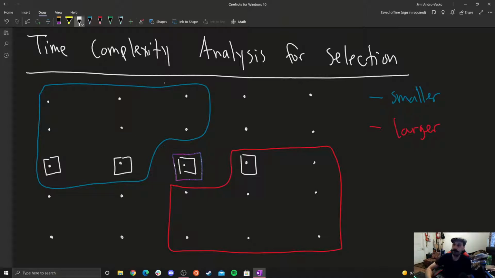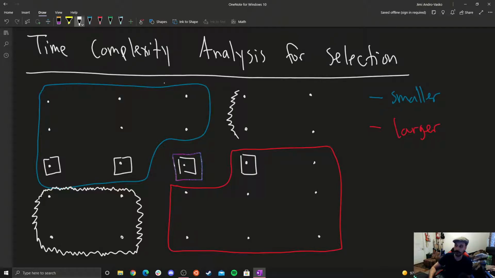Now, I'll highlight like this. These elements right here are X factors. We don't know if they're going to be bigger or smaller. We can't make any type of logical guess.